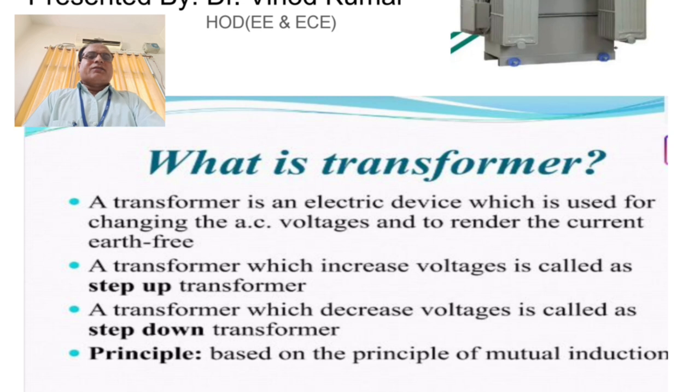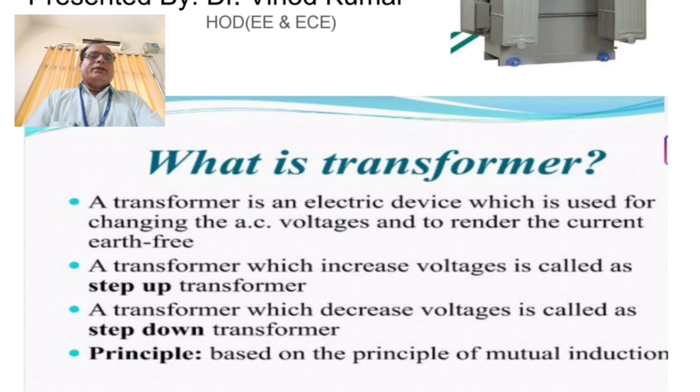Mainly, transformers are of two types. First is the step up transformer, second is the step down transformer. A step up transformer increases the voltage at the output side. If the number of turns in the secondary is greater than the number of turns in the primary side, then the transformer is called step up.